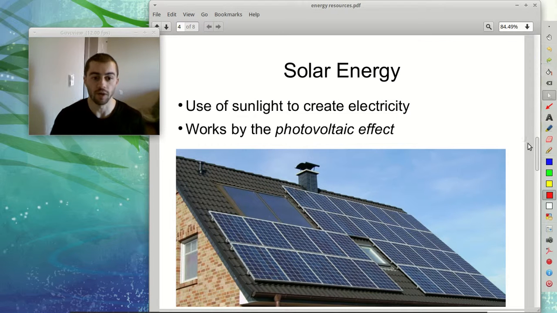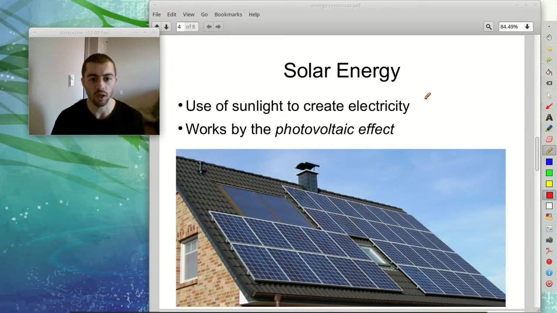Some alternatives to fossil fuels, some renewable resources we can talk about. Solar energy. If you guys have ever seen solar panels, maybe on someone's house, or sometimes they have fields with solar arrays in them, just like solar panels on little stands.